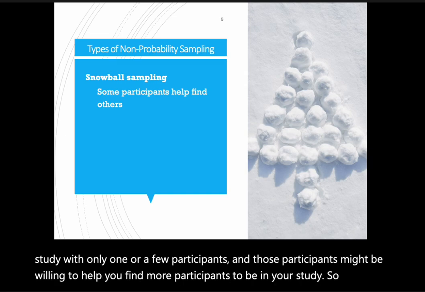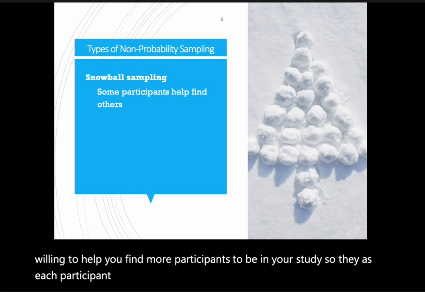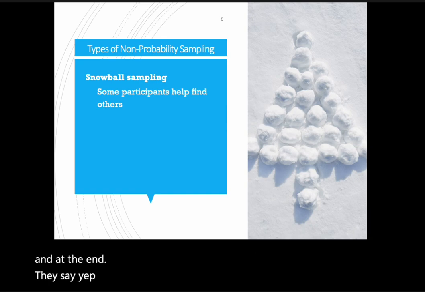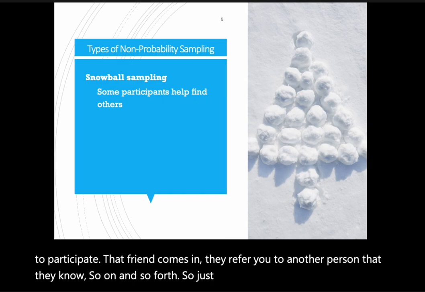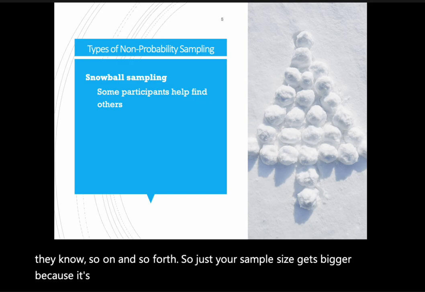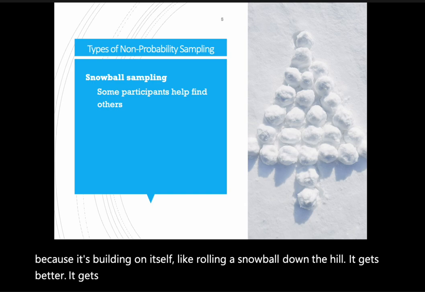As each participant starts to be a part of your study, they give their answers, and then at the end they say, yep, I'm going to refer my friend to you to participate. That friend comes in, they refer you to another person that they know, so on and so forth. So your sample size gets bigger because it's building on itself like rolling a snowball down the hill. It gets bigger as it collects more snow. And that's the idea with snowball sampling.